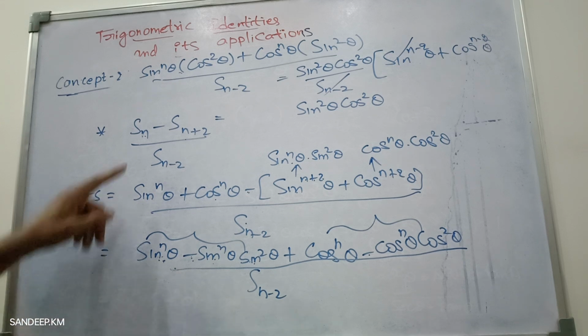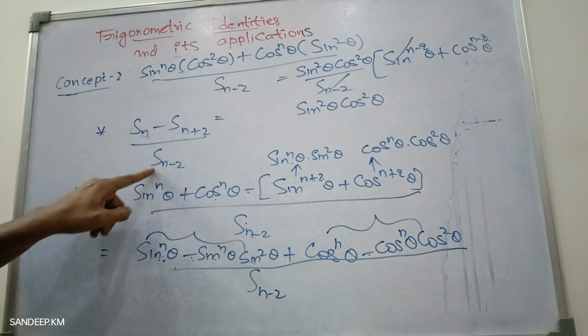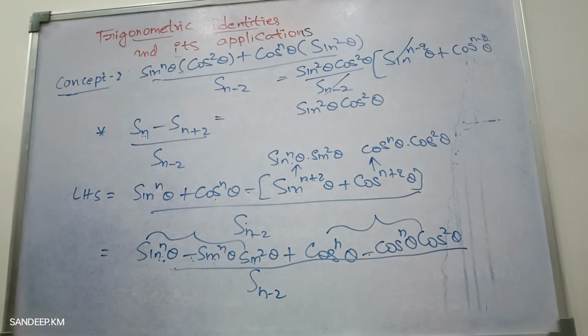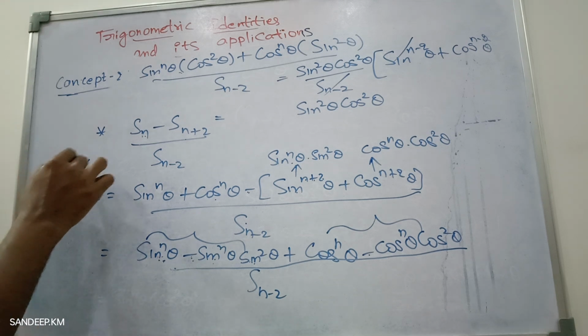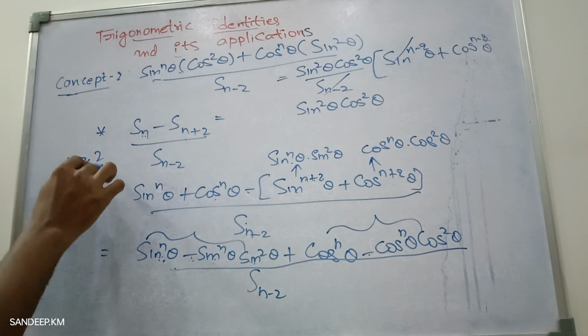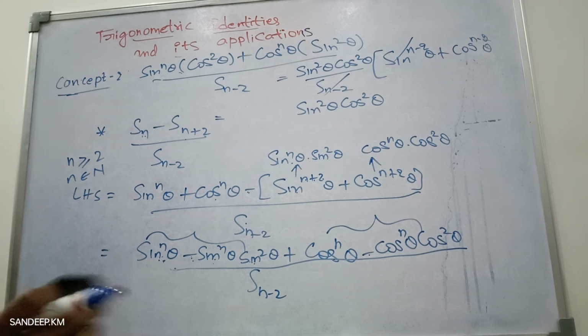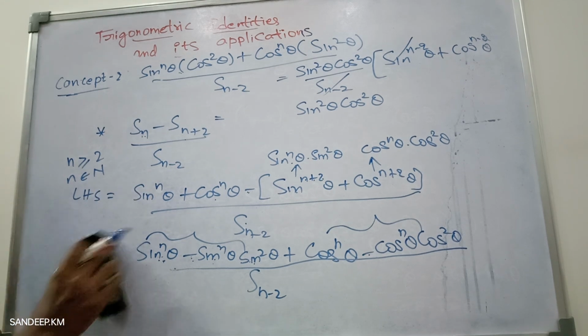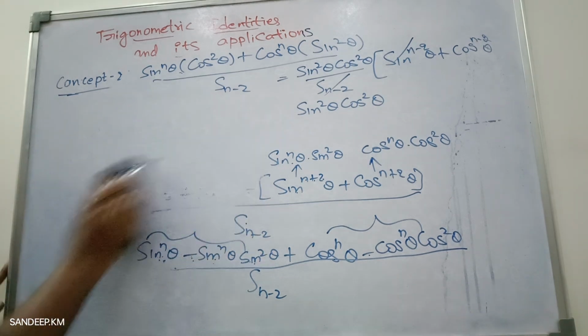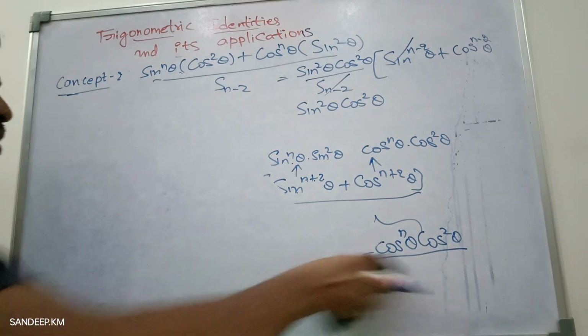So therefore, dear students, Sn minus Sn plus 2 by Sn minus 2 is equal to sine square theta cos square theta, where n is greater than or equal to 2 and n is a natural number. I forgot to mention this. So remember this. So what is the conclusion of this particular concept?